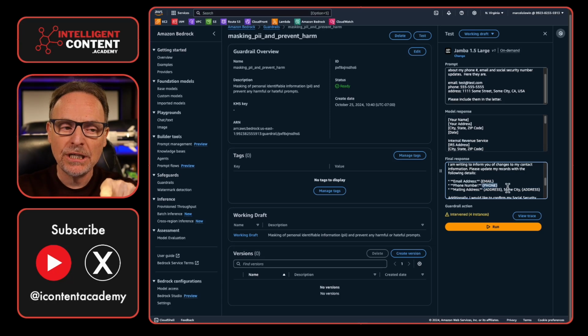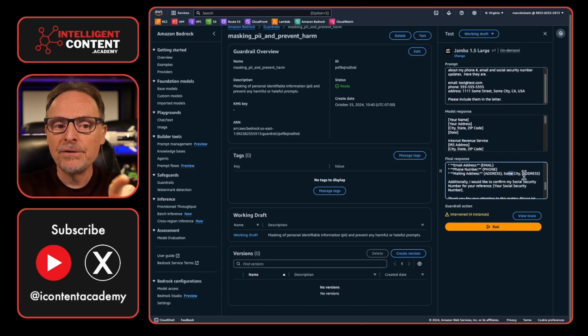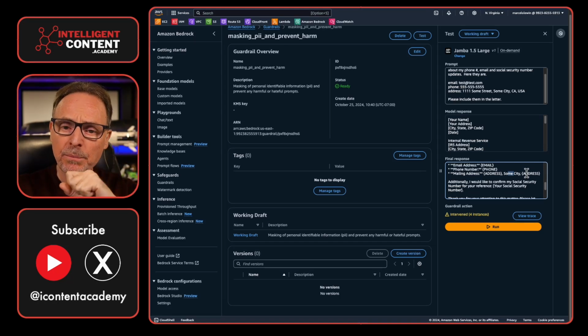What I found interesting, and we can check later, is that it didn't mask the city, but it masked the address. So it knew the address, the zip code, the state and the country, but not the city for some reason. Interesting. Maybe that's not in the PII list.